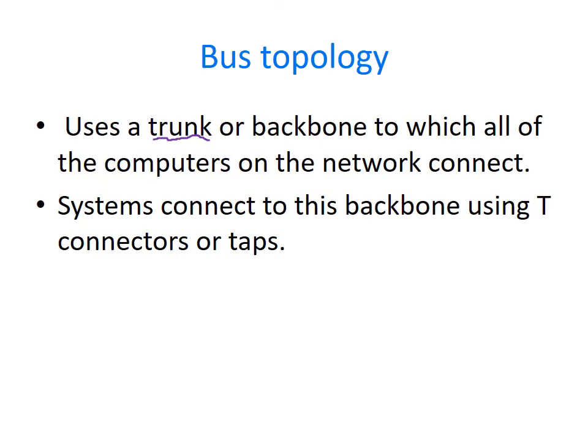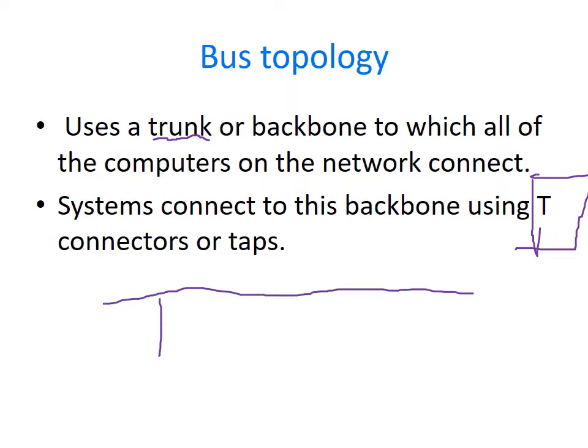So computers are connected in a bus topology, at different locations in a network. The systems connected to this backbone use T connectors. T connectors are the way they are connected to the trunk.